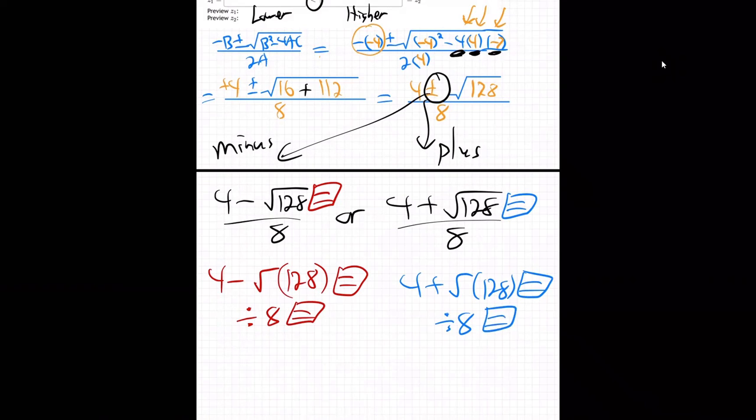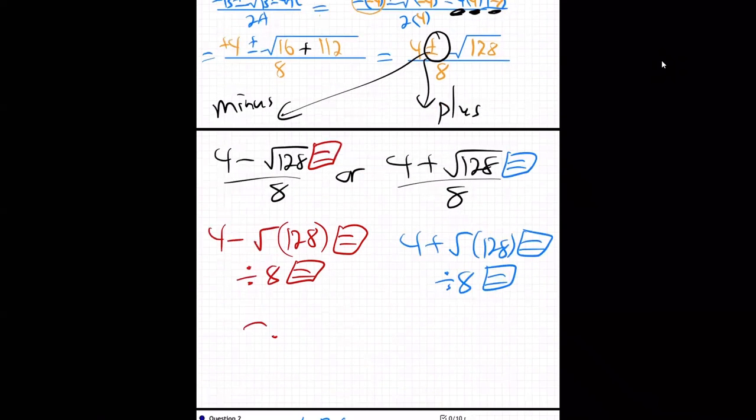So like I'll do this one, for example. I'm getting, for my first one, negative 0.9142. How many decimals? I'm sure 4 decimals is plenty. I don't know if it says, maybe I missed it, but I'm sure 4 is plenty.